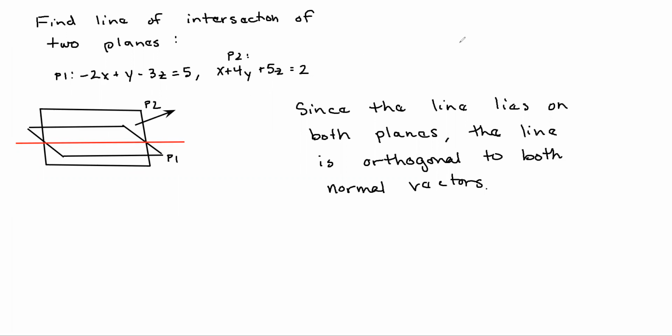Okay, if you have something that you're trying to find and it's orthogonal to 2 other things, how could you find it? The answer is the cross product.